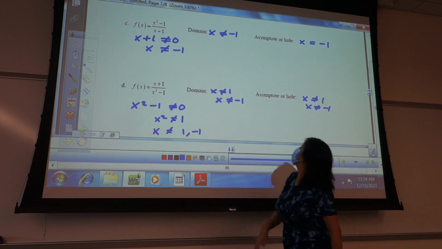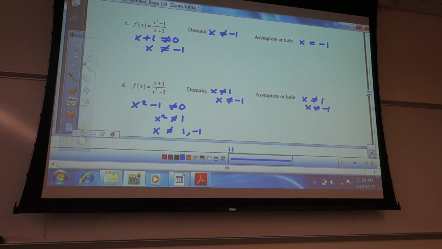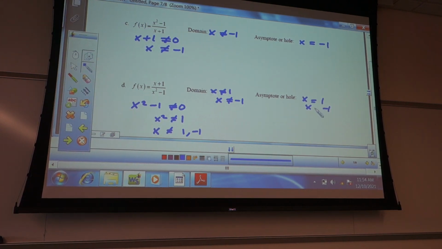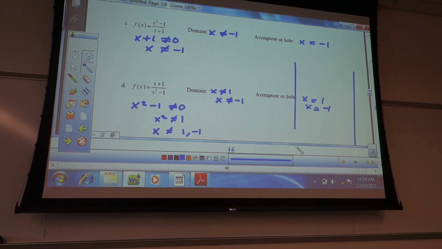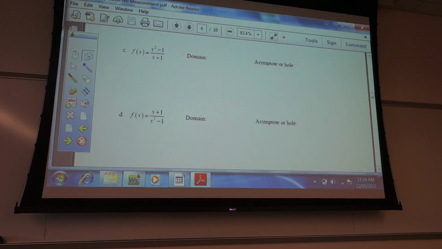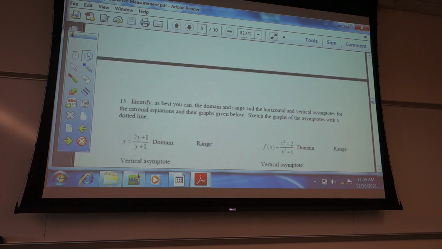You can't have x equals 1 comma negative 1. x equals 1 is a line that goes like that. x equals negative 1 is a line that goes like that. You have to write them separately. You can't put "or."